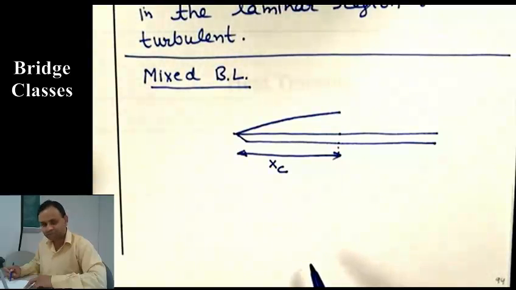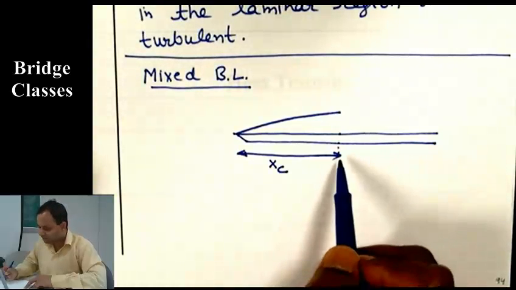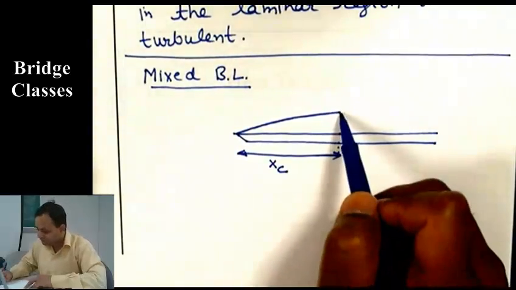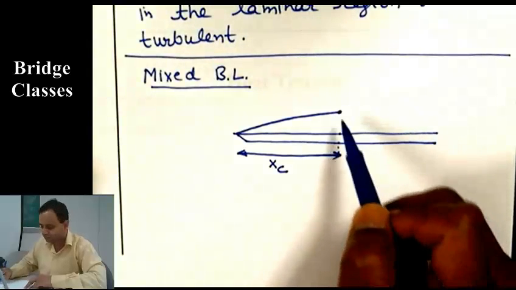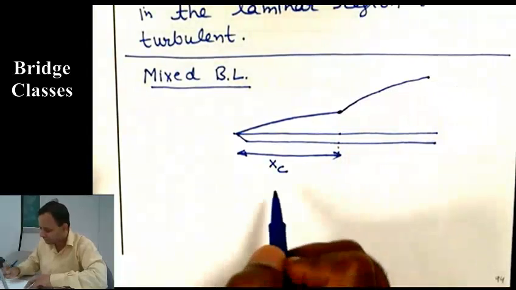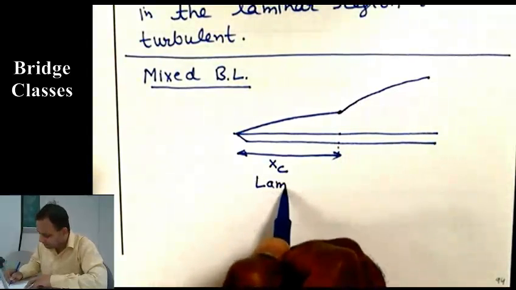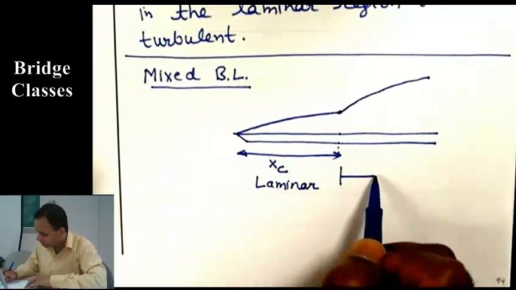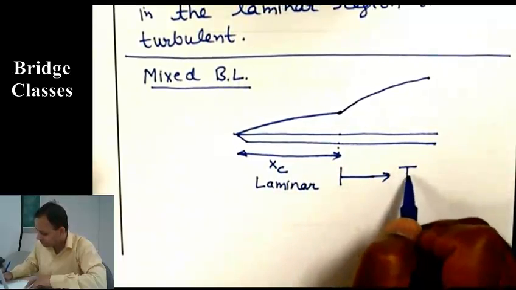But for simplicity, we assume that there is no region of transition. So it is laminar up to this point, and at this point it becomes fully turbulent. So it is going to grow at a faster rate. So this is the region in which the boundary layer is laminar, and beyond this it is turbulent.